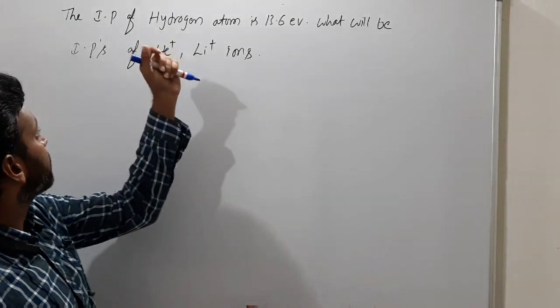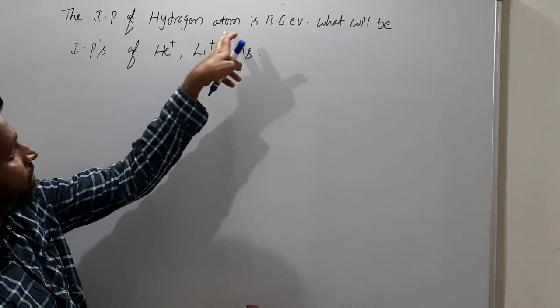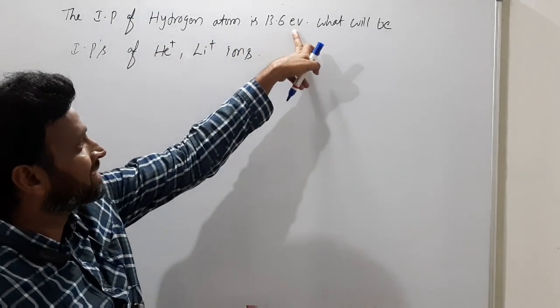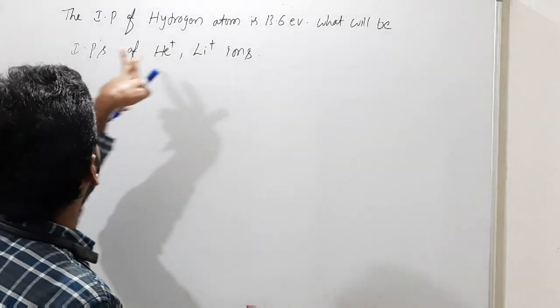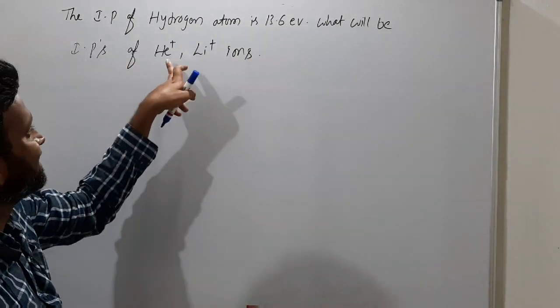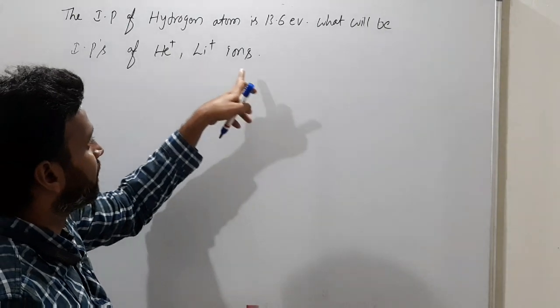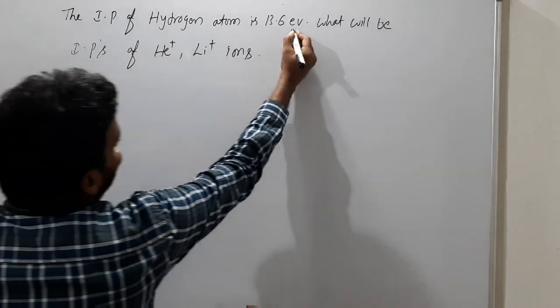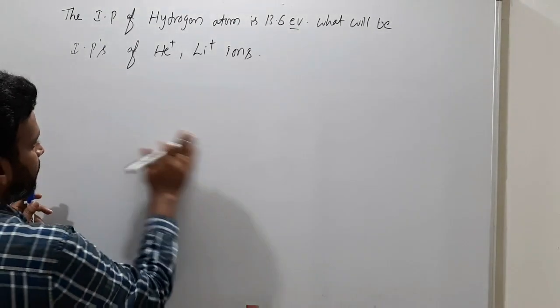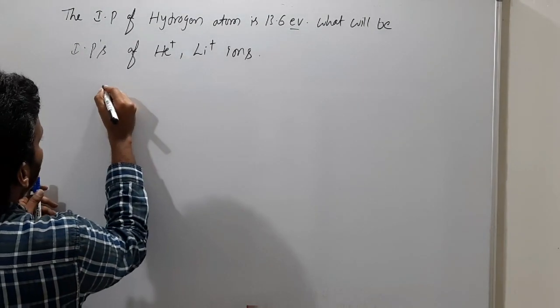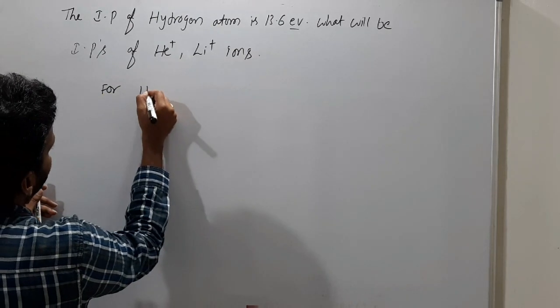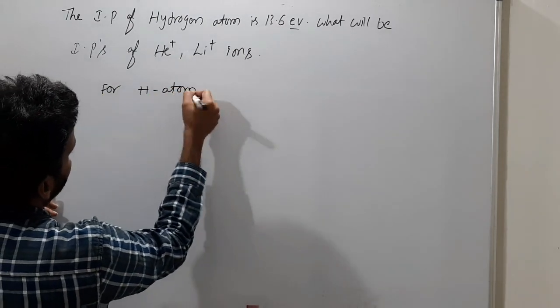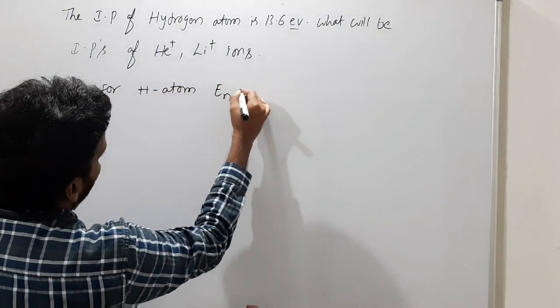Now let's see this numerical. The ionization potential of hydrogen atom is 13.6 eV, and what will be the ionization potential of He plus and Li plus ion? So actually they gave it in electron volts, for the hydrogen atom. So what is the energy of the nth orbit?